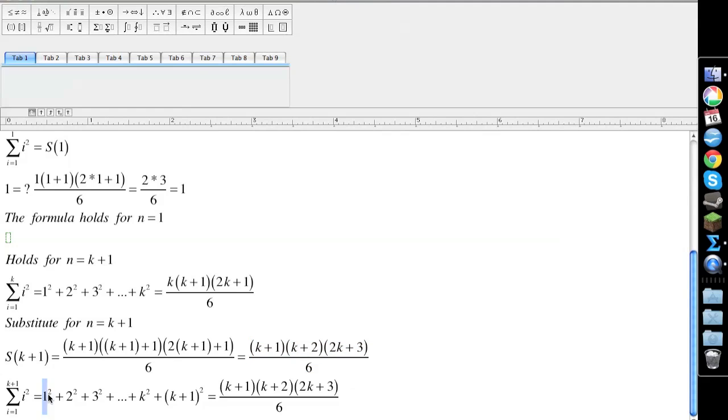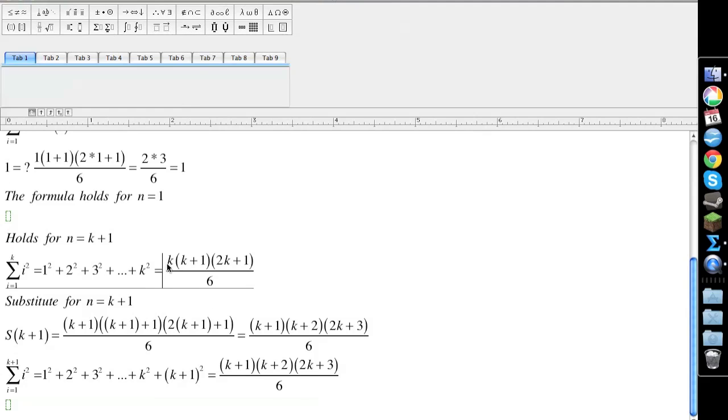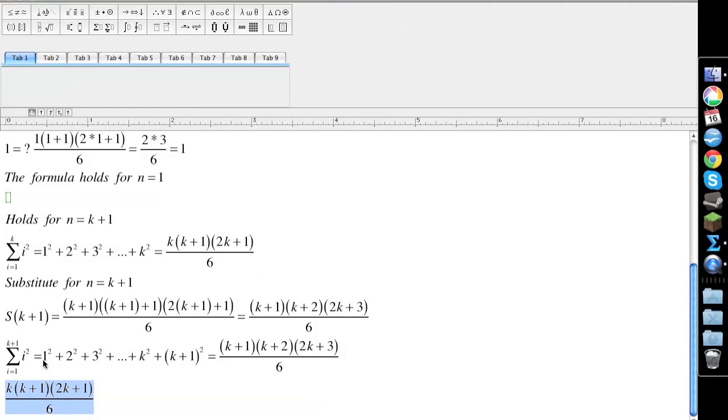But I already assume that this is the same as this. So then I just can put this term instead of this right here. So then this, which I assume is the same as this, I substitute that, and then I take this last term, which is supposed to be equal to this formula, as of k plus 1.